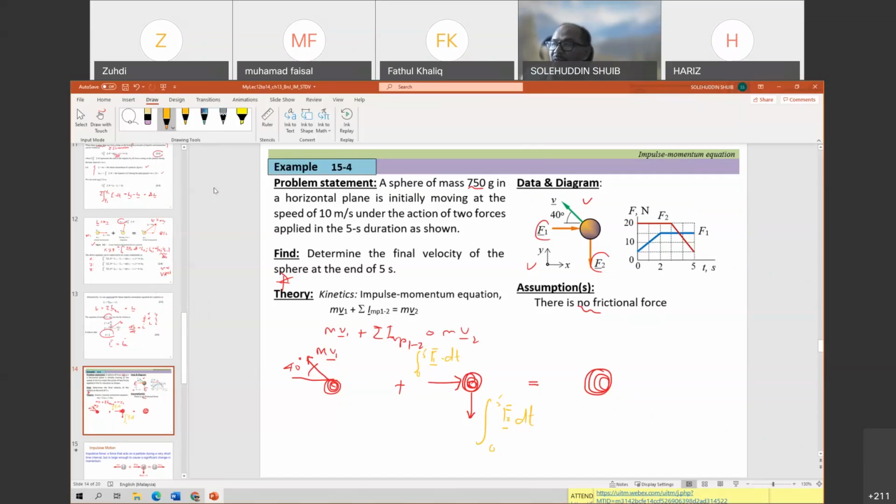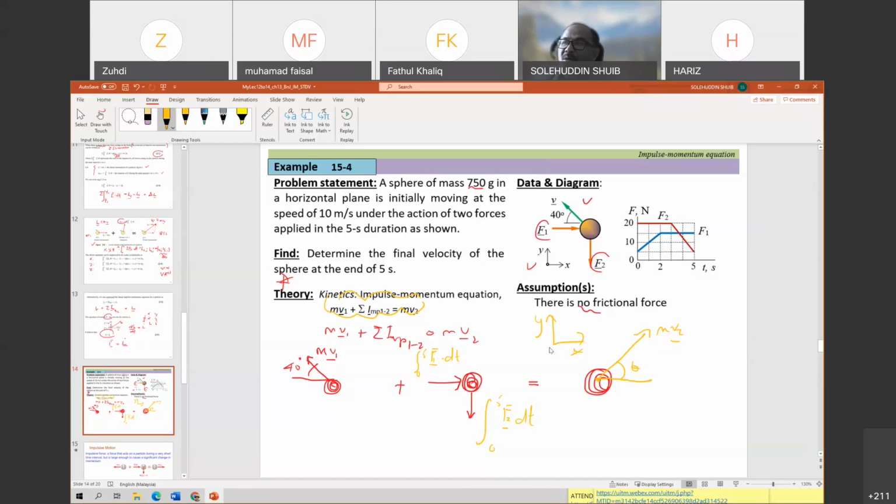For the final one, I take this as the datum. We do not know the direction of it, and also we do not know its value. So you need to apply this equation. This is the diagram that you need to draw to answer this problem.